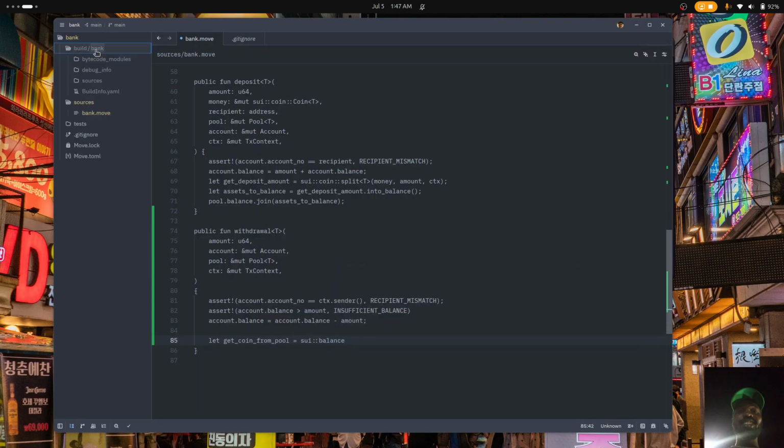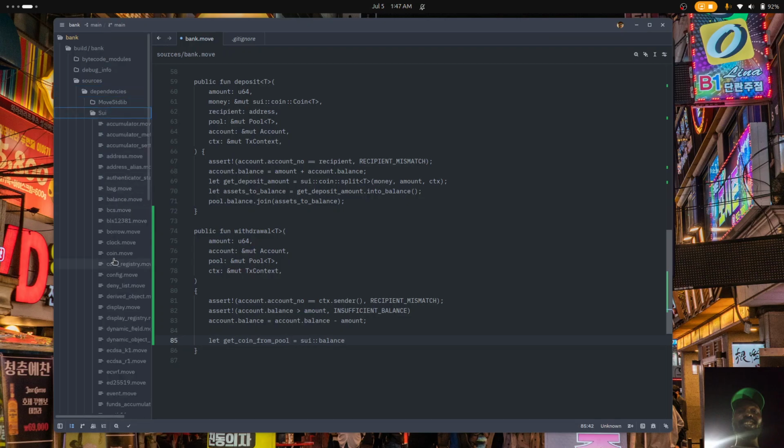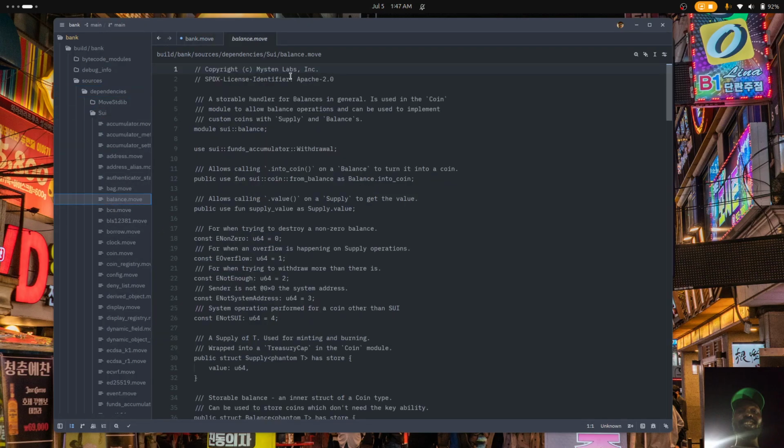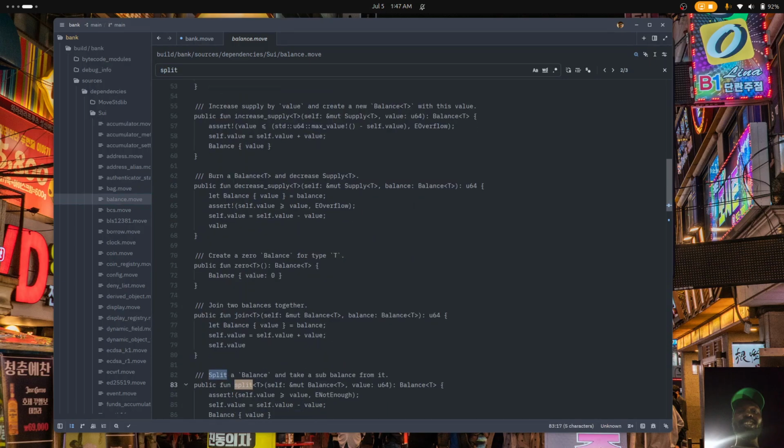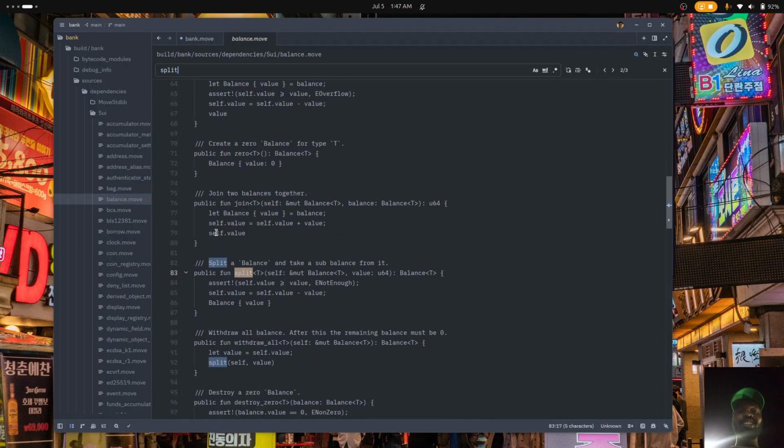So I'd like to check this again. Balance, find split. It's going to return a balance.